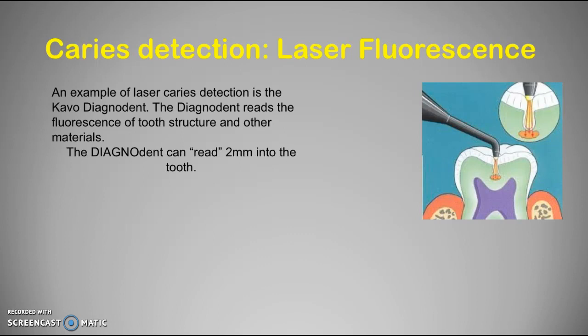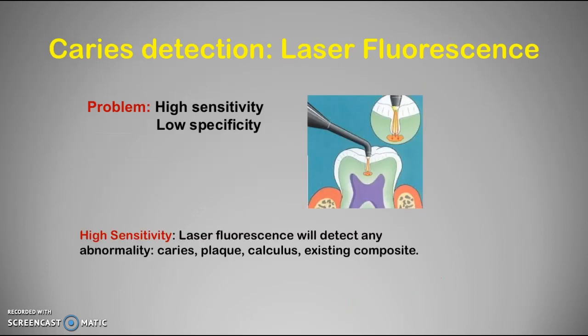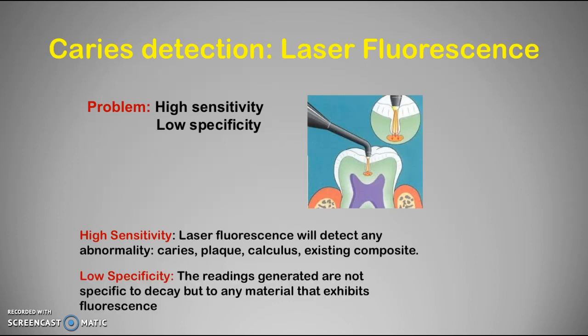The major issue with this tool is that it is highly sensitive and low in specificity. By this, I mean that it will detect any abnormality and not just caries, but the readings generated are not very specific. So as a practitioner, you will have to judge whether the reading is coming from tooth decay or any other abnormality.